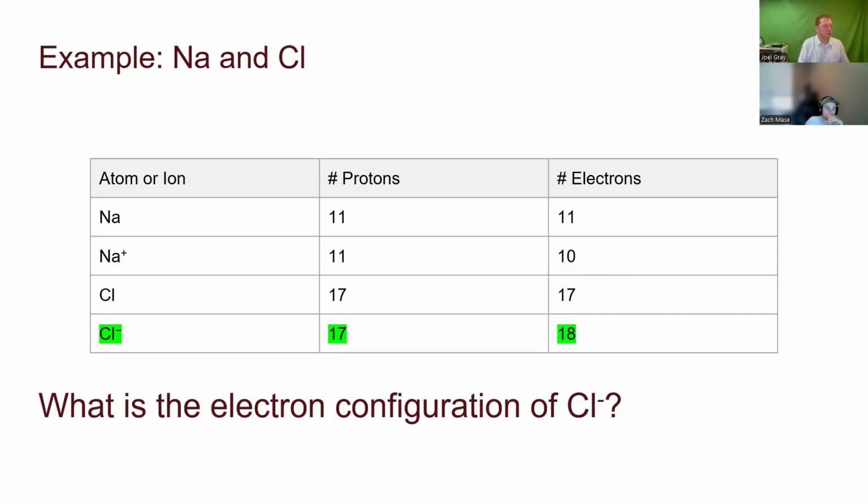Cl minus. Okay, so that's where we've got an additional electron for chlorine. Chlorine has 17 electrons when it's neutral, add one more. So 1s2, 2s2, 2p6. That gives us 10 electrons accounted for. And now the next 8 are going to be our valence electrons. How do I know it's the next 8?